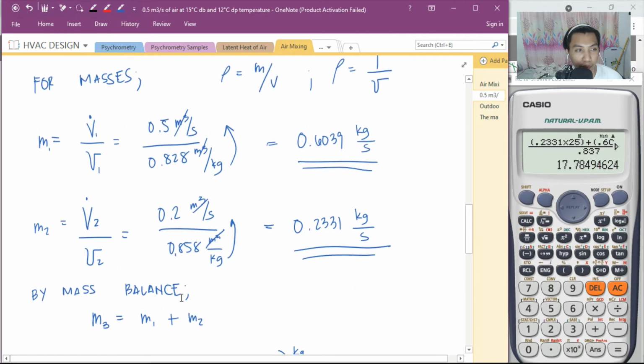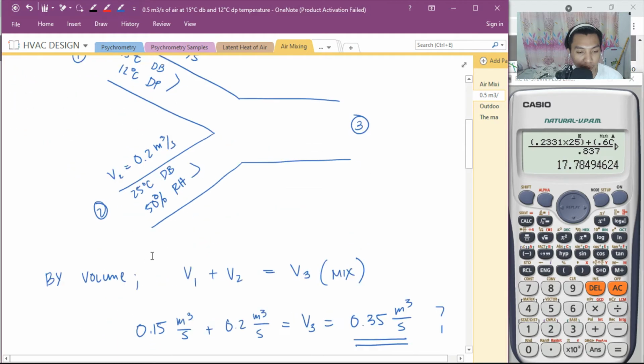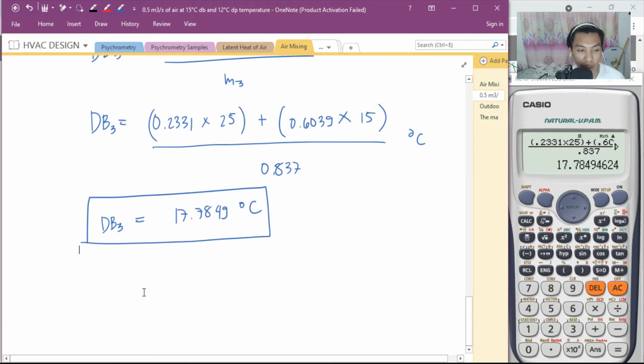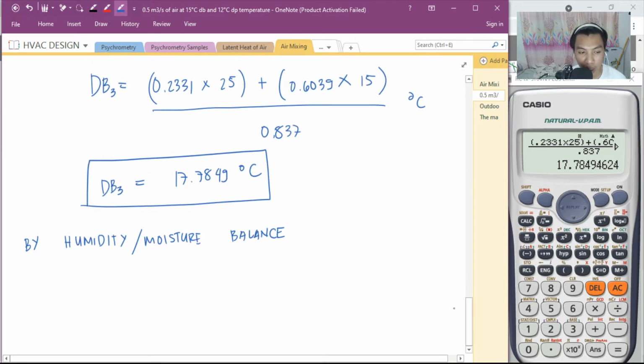How about specific humidity? By humidity balance, or moisture balance to. By moisture balance, palitan mo na lang yung dB dyan. Omega 3, or specific humidity 3.